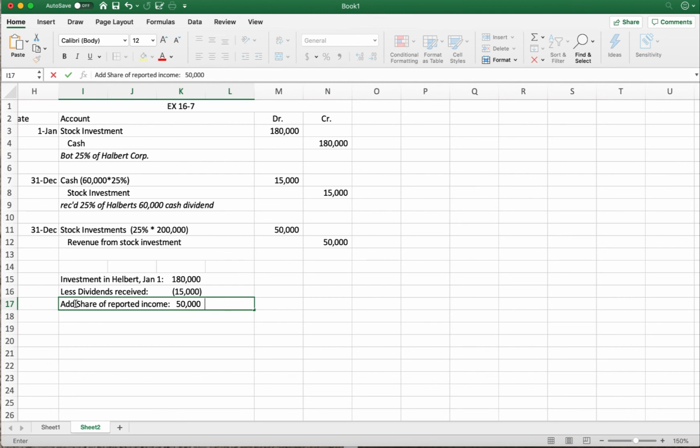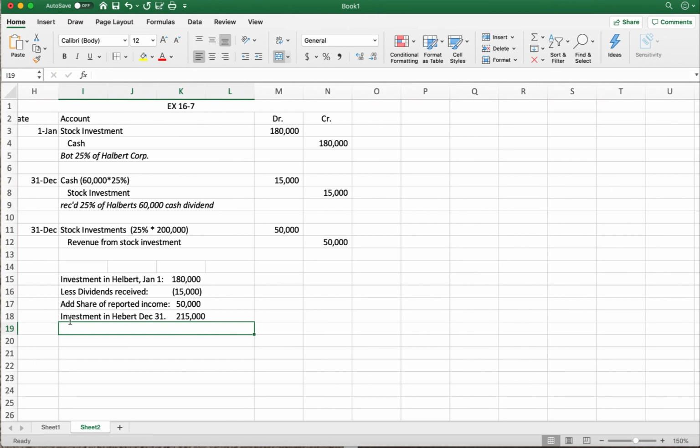So my investment in Halliburton on December 31 is $215,000.